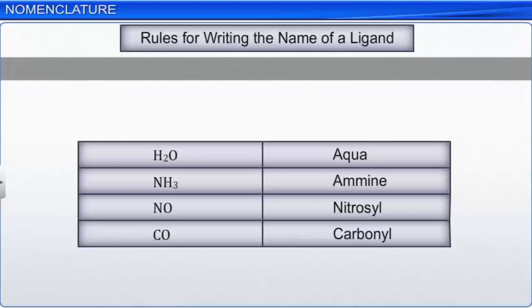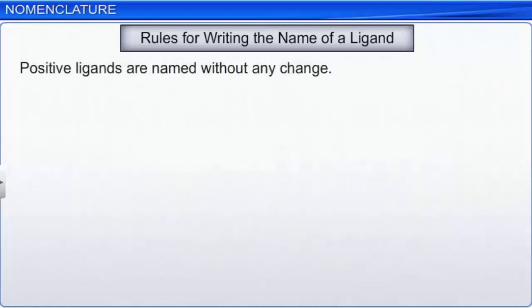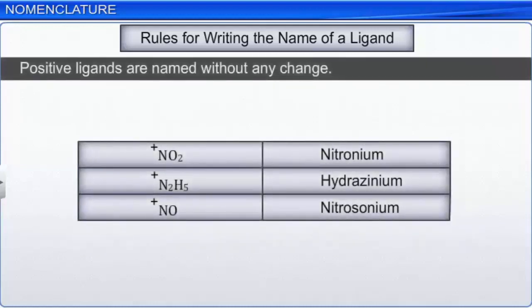They are aqua for water, amine for ammonia, nitrosyl for nitric oxide, and carbonyl for carbon monoxide. Positive ligands, such as nitronium, hydrazinium, and nitrosonium, are named as such without any change.